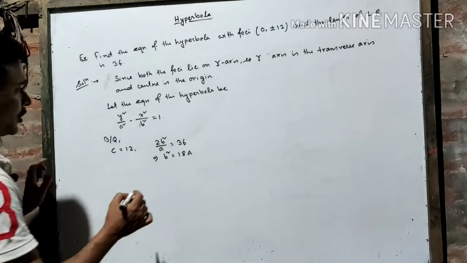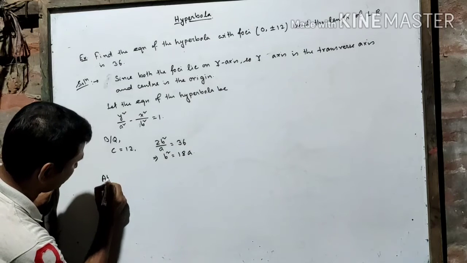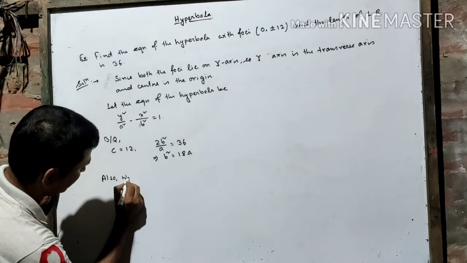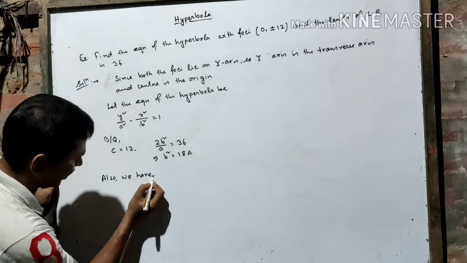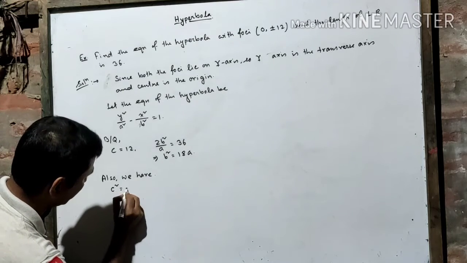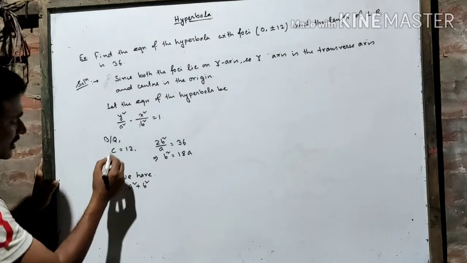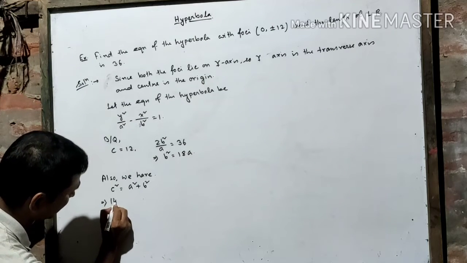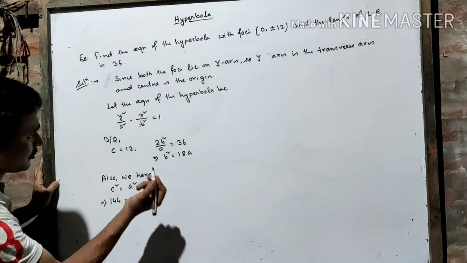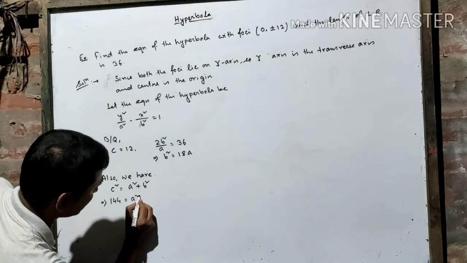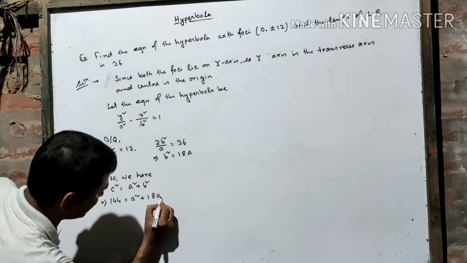Also, what we have for a hyperbola, c square is equal to a square plus b square. What is c square? C square is here 144. What is a square? We don't know, but b square we know 18a.